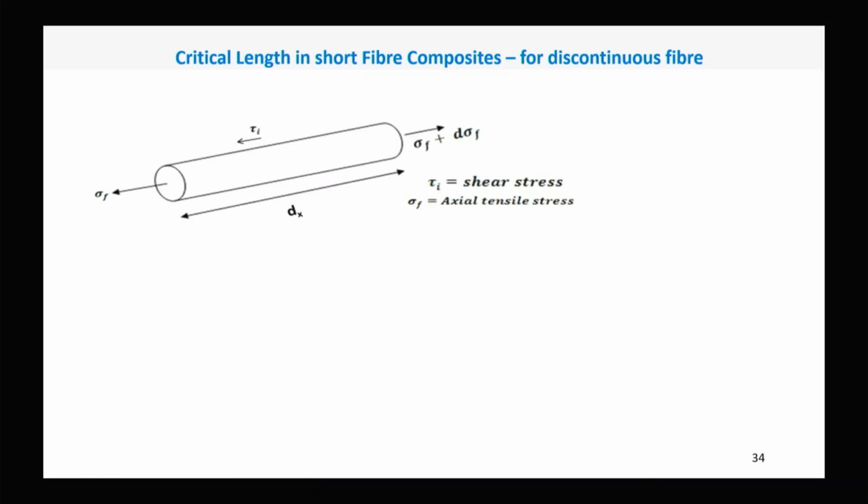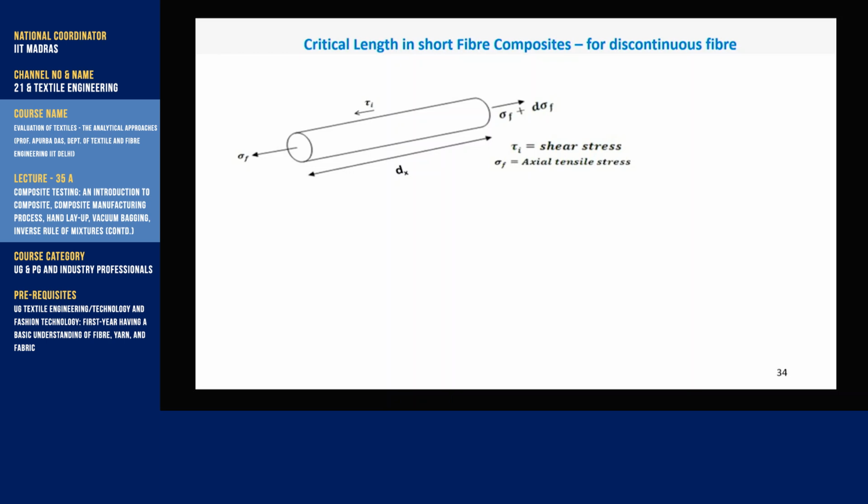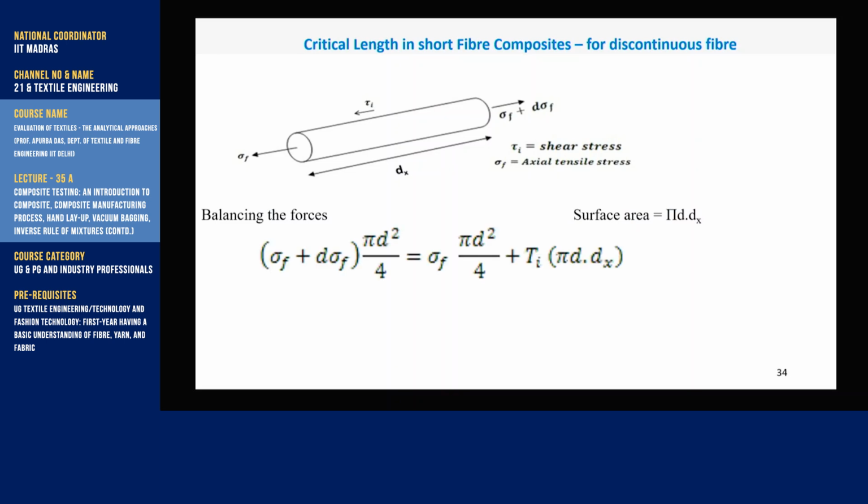Now if we can get another concept, it is the critical length for discontinuous fiber. It's not for continuous fiber, and this is the minimum length which can be taken out from the matrix without breakage.